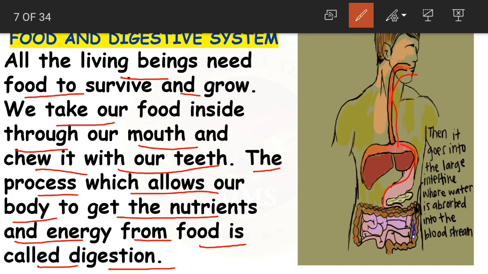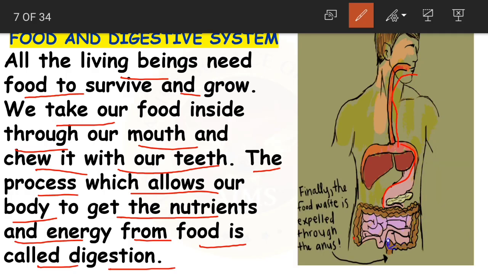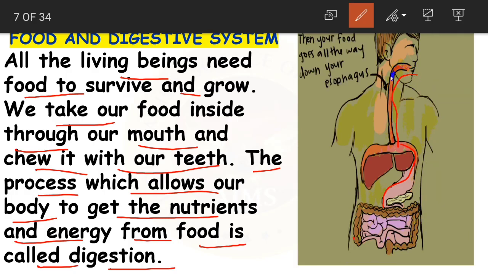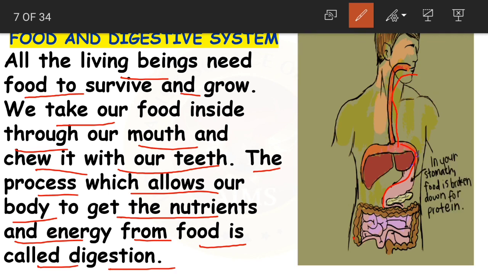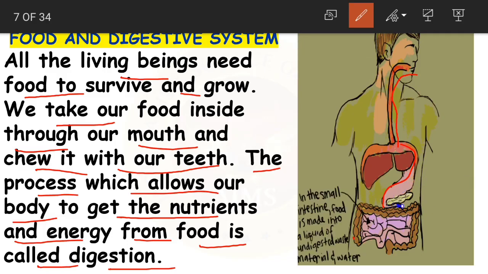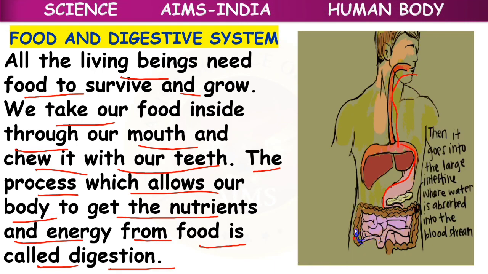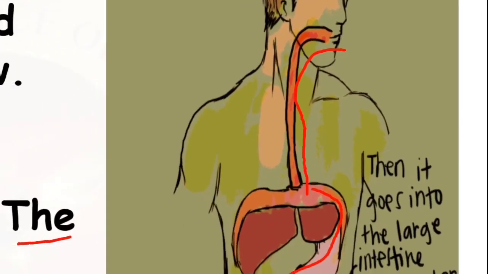When we eat food, children, that food is going to enter into our body and get the nutrients and also the energy from the food. Okay, this process is called digestion. Clear? So you can see here in the picture. I'll just zoom it for you.